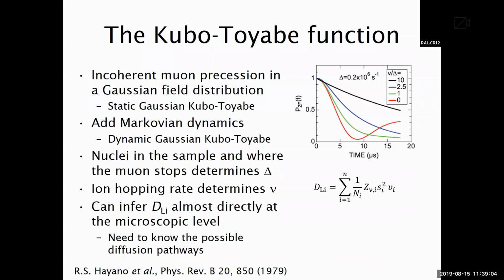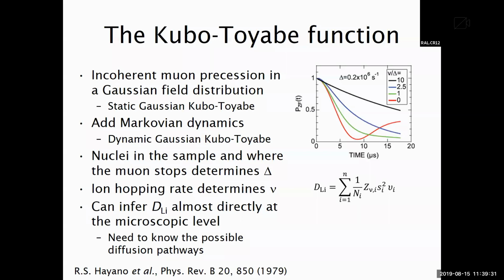Going from 0 upward, this compares the size of the field distribution to how often the nuclei move. As that gets faster, the signal shape changes, and you can fit your data to look at that. If you can work out the rate at which ions are hopping, and you know which way around the material they travel, you can work out the diffusion rate almost directly at the scale of the atoms.